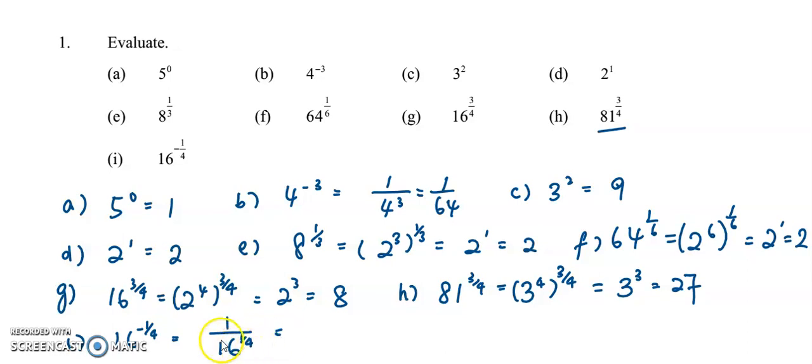Now we find ways to simplify this denominator, which is 16 power of 1 over 4. 16 you can change into 2 power of 4, and this is to the power of 1 over 4. Again, simplify by multiplying 4 and 1 over 4. Then you have 1 over 2 power of 1, which is equivalent to 1 over 2.